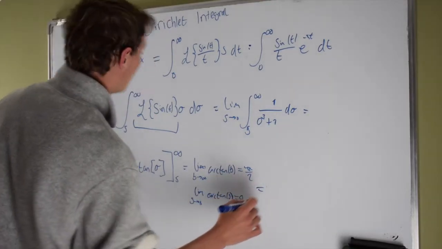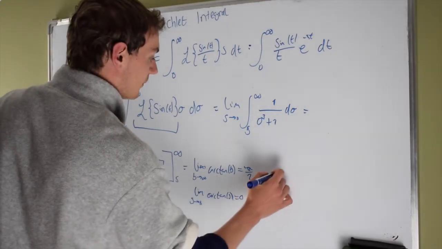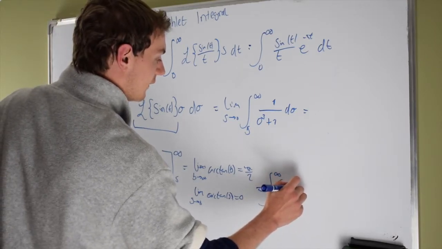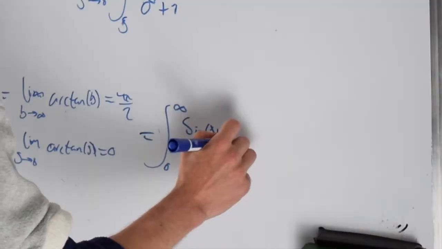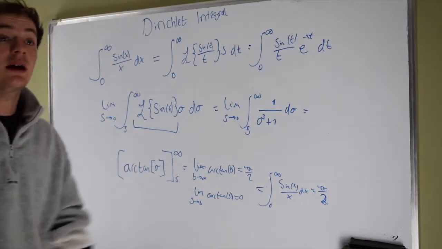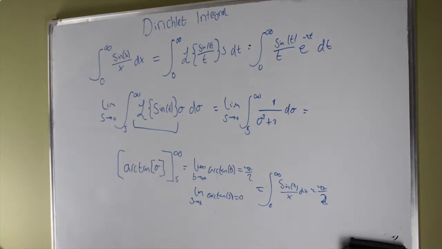And so we say that for the first Laplace transform version of this, the integral from 0 to infinity of sine of x all over x dx equals pi over 2. And so that is the version for the Laplace transform done.